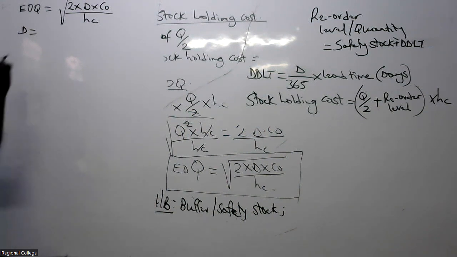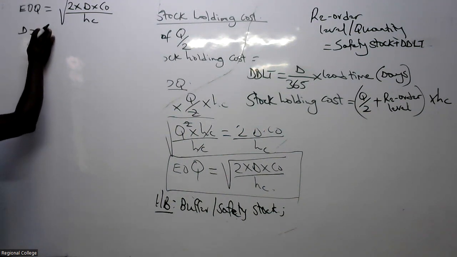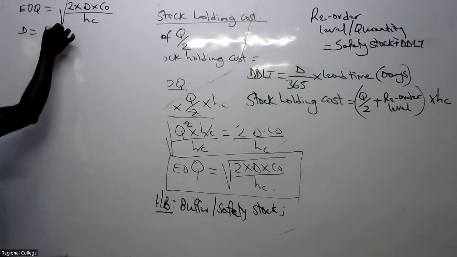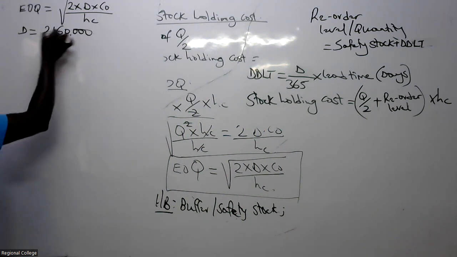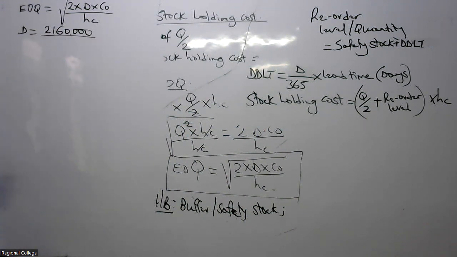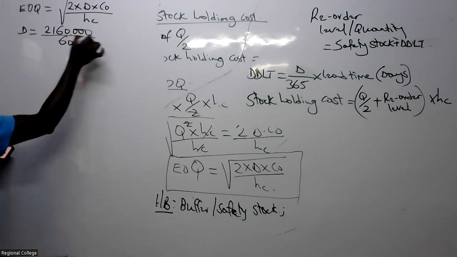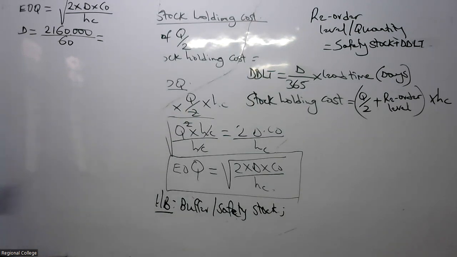Is it units or shillings? We need units, so we divide by 60. Careful, it is about the quantity, not the value.